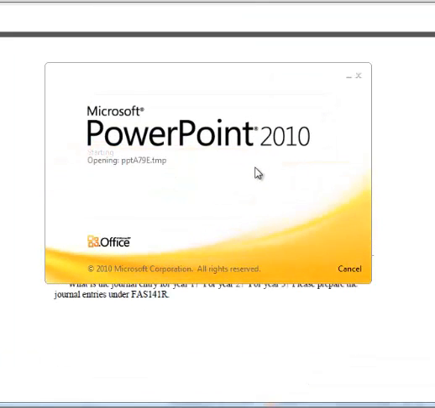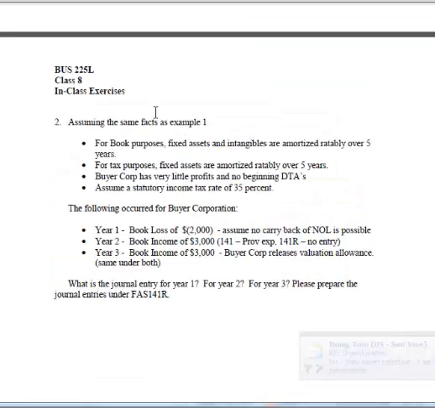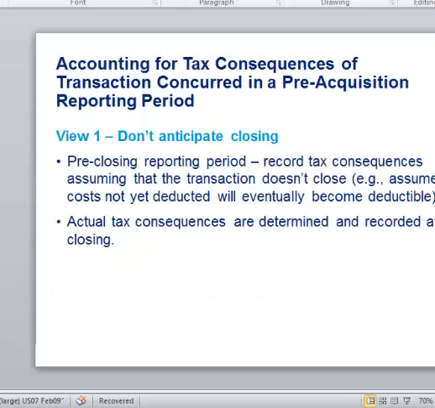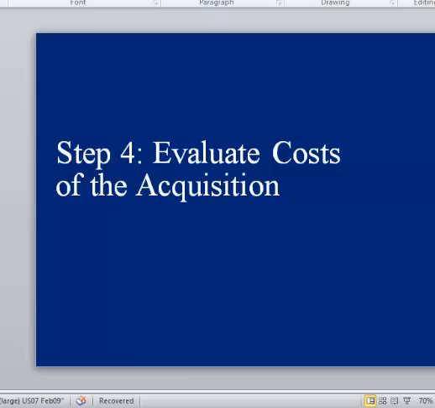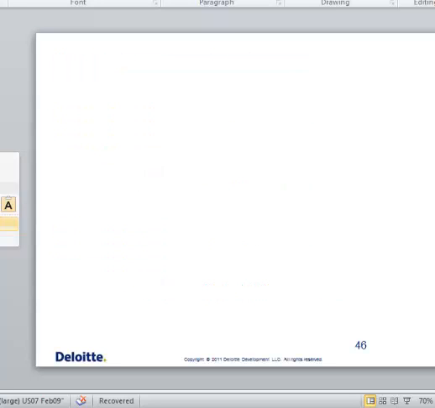Let's see if it'll open right back to that page. Well, we lost all that. Okay. So let's redo that just quickly.